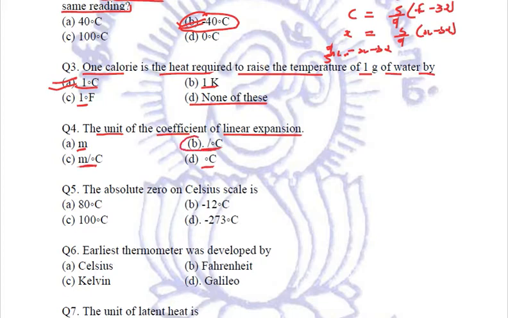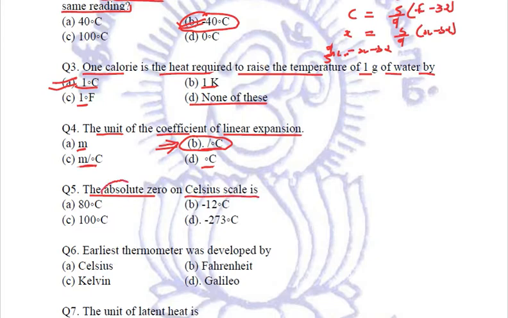I hope you remember that we talked about it in the previous class, that coefficient of linear expansion, or superficial expansion, or volume expansion, the unit of all the coefficients is per degree Celsius only. So B, per degree Celsius, is the answer we are going to mark. Got it?